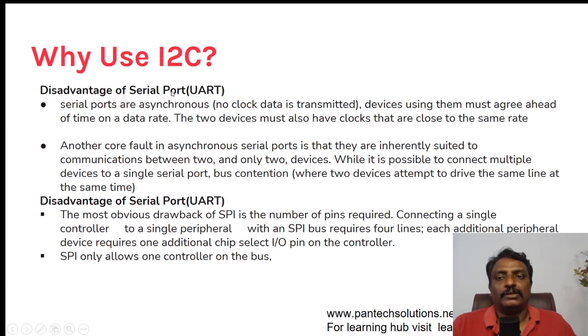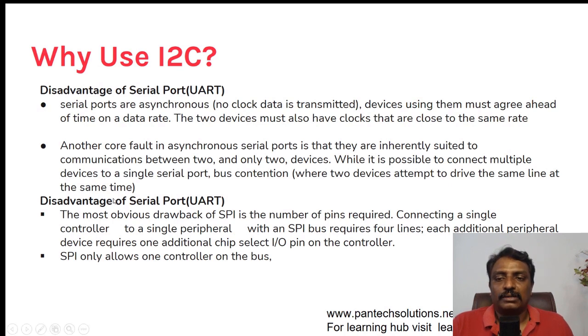So why go for I2C? If you take UART, it will have bus contention. When you connect multiple devices, more than two devices will attempt to drive the same line, so you get the bus contention issue on UART. That's a disadvantage of the serial port.